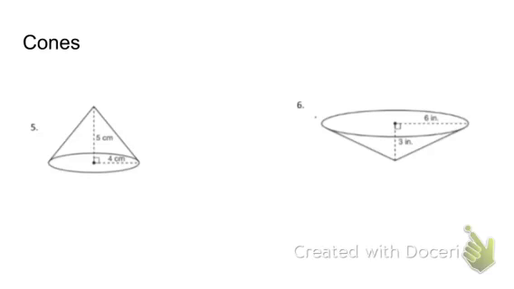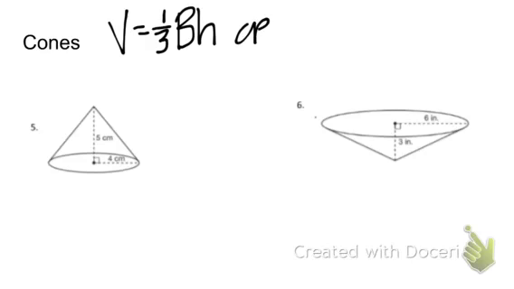And finally, we have our cones. So, for the cones, it is essentially the same thing that we've been using for our pyramids. For a pyramid, it's 1/3 area of the base times the height of the pyramid, or we've been doing area of the base times the height of the pyramid divided by 3.